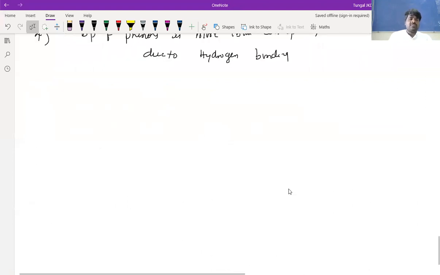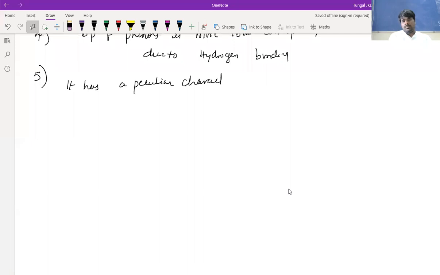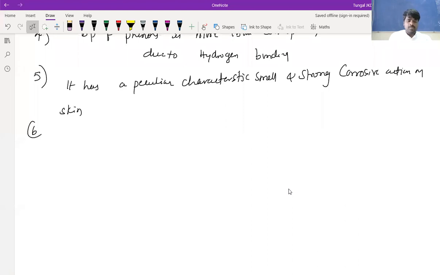The fifth point: it has a peculiar characteristic smell and strong corrosive action on skin. It is poisonous in nature.